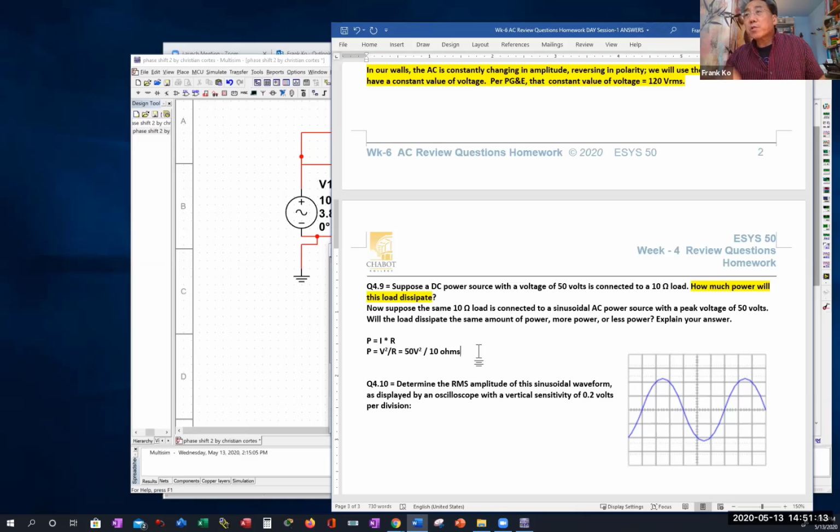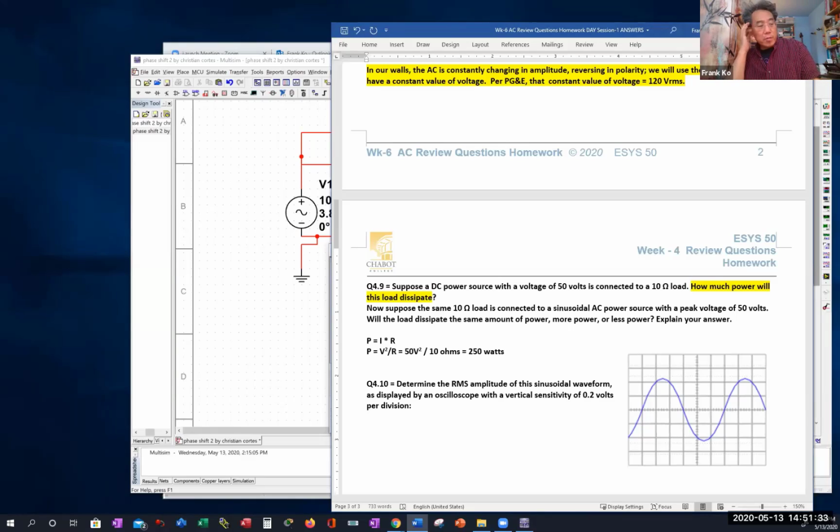So how much power does this calculate to be? Question goes to Rolando. It's 250 watts. Okay, equals 250 watts.